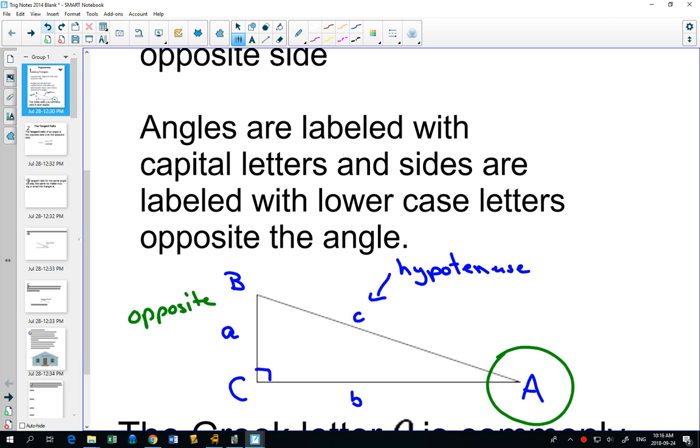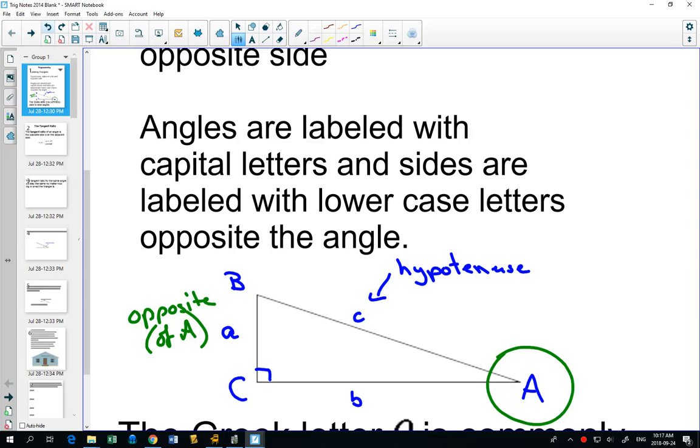And technically, we should probably say opposite of A, because it's not the opposite side if we're talking about angle B. But in triangles, it just often says, well, what's the opposite side? But we probably need a little bit more definition, because that means we're talking about the opposite side of A.